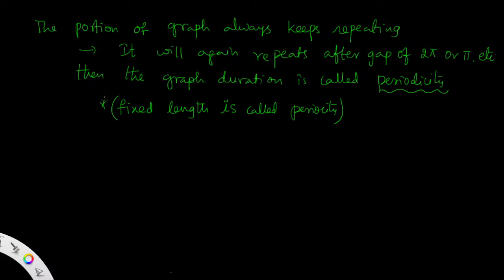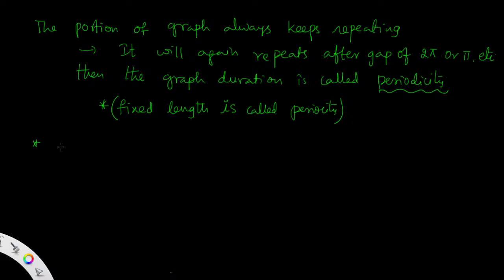So in general, every graph repeats the same figure after some fixed length of duration, and then it is said to be a periodic function. Therefore, we have learned the graphical representation.